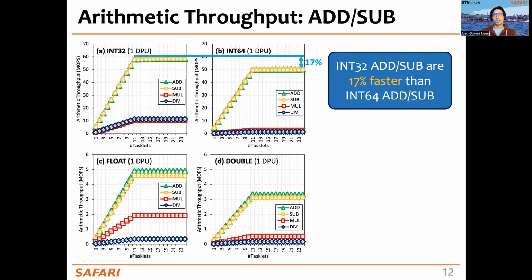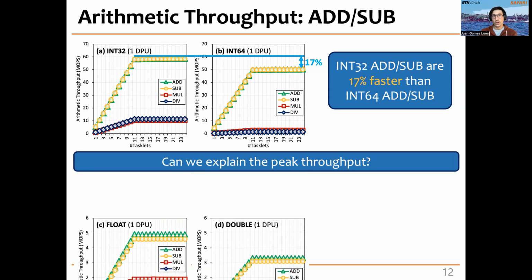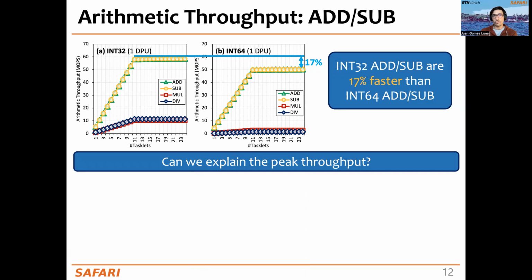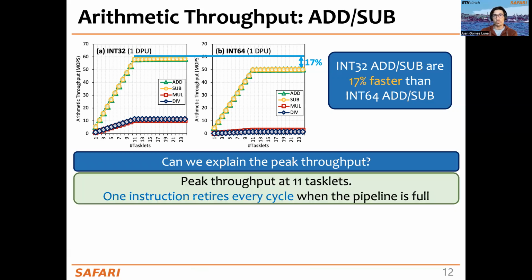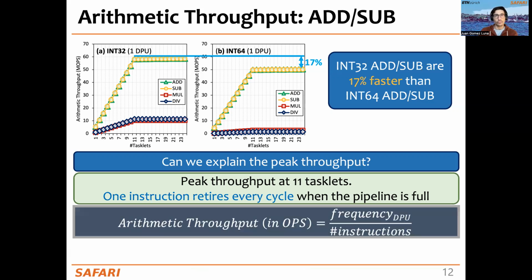Another observation is that the addition and subtraction for 32-bit integers is about 17% faster than the addition and subtraction for 64-bit integers. We try to explain the reason for this difference in the peak throughput. Observe, first of all, that the peak throughput happens at 11 tasklets, and at that point, one instruction retires every cycle when the pipeline is full.